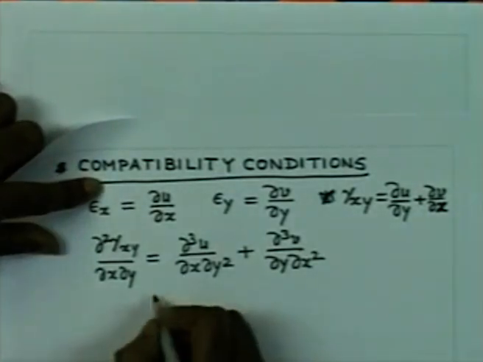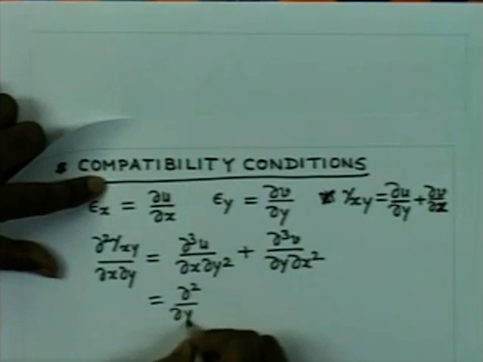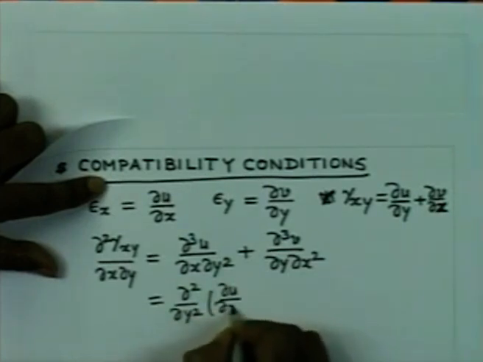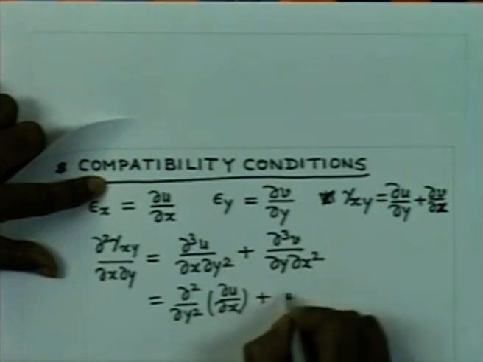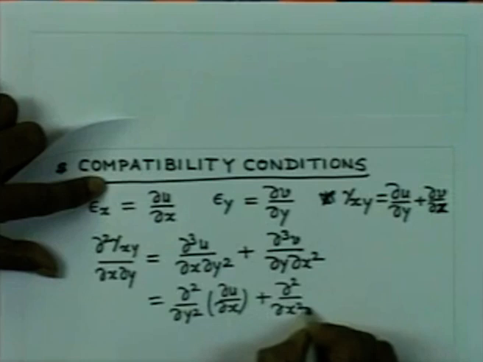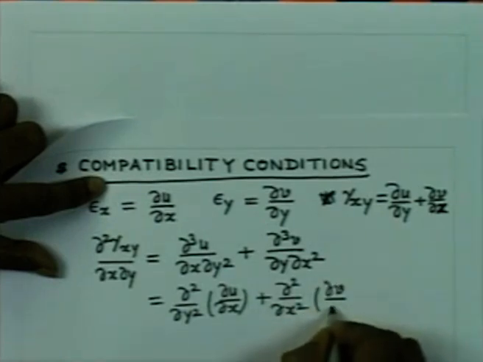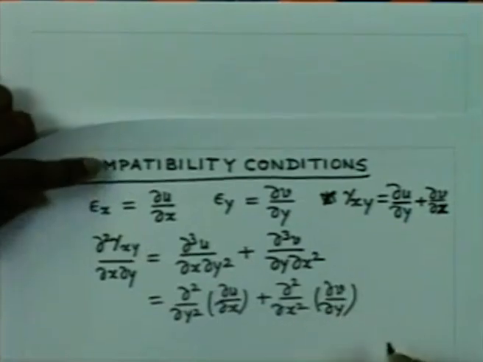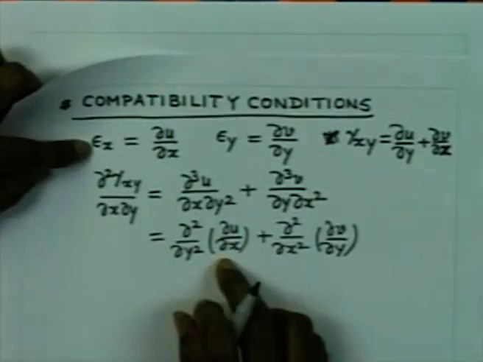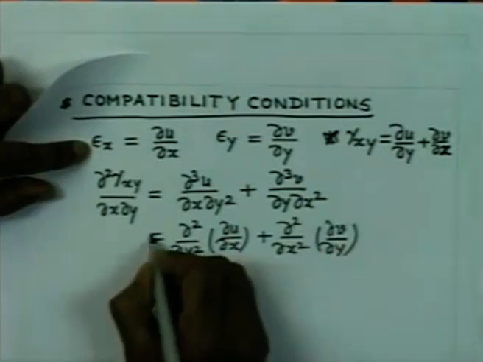Now, we can write this as delta 2 by delta y square of delta u by delta x plus delta 2 by delta x square of delta v by delta y. So, this is nothing but epsilon x, and this is epsilon y.